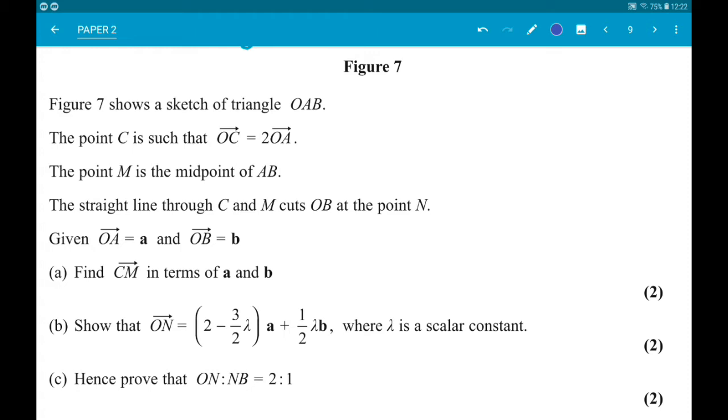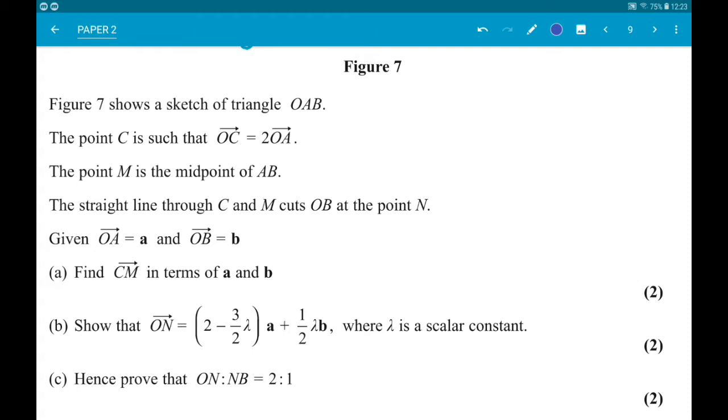The straight line through C and M cuts OB at point N. Given that OA is a and OB is b, part A, find CM in terms of a and b.